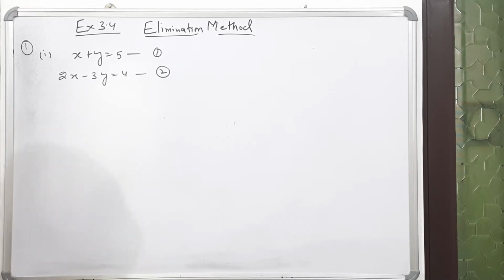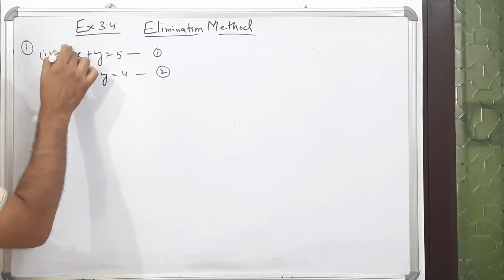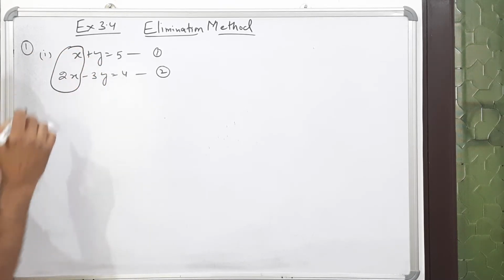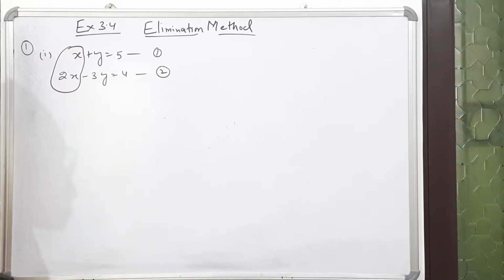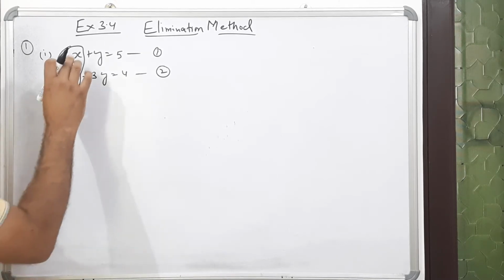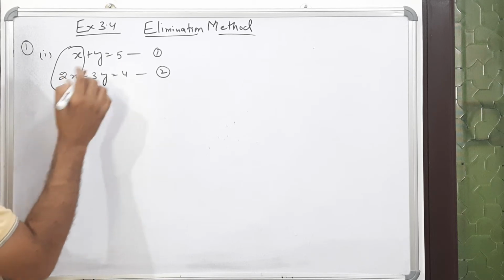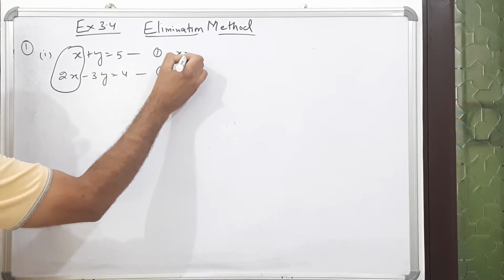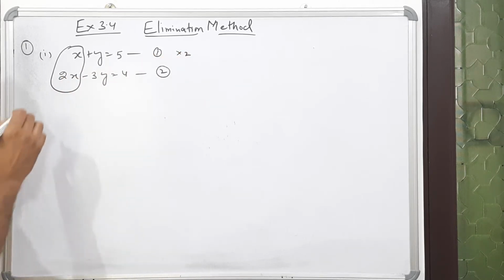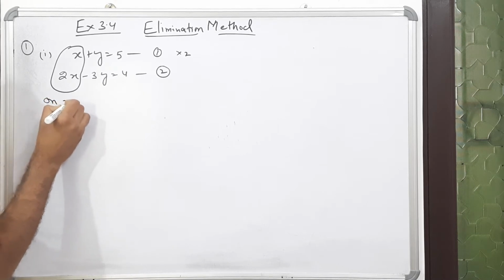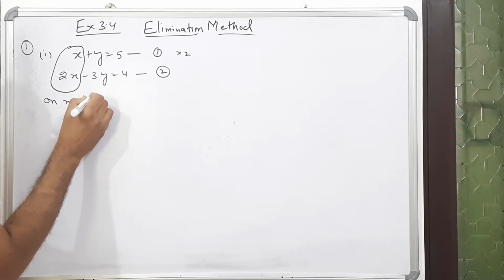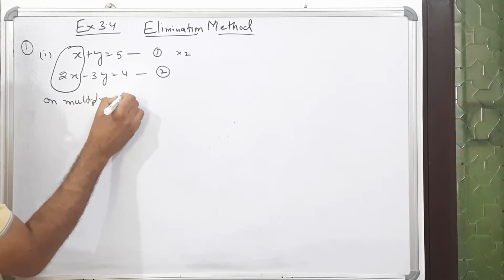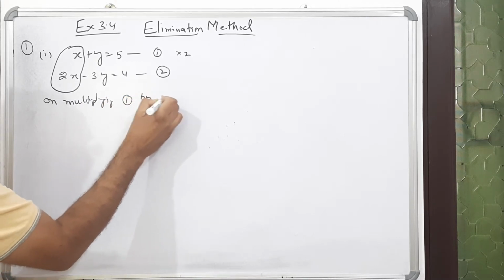Here we are solving this problem by the elimination method, and the main part of the elimination method is that we try to make the coefficient of either x equal or y equal. I am taking x equal. So for that, I multiply the first by 2.